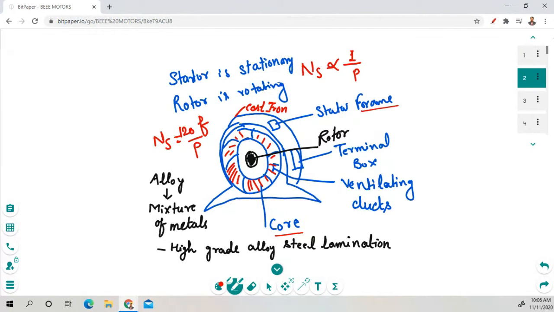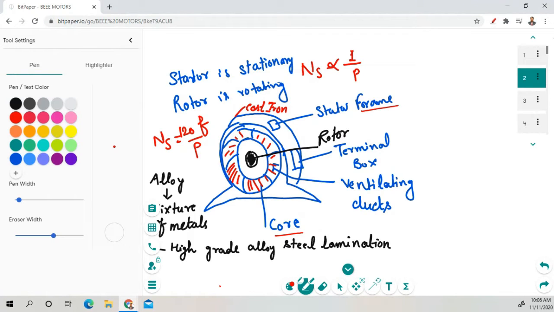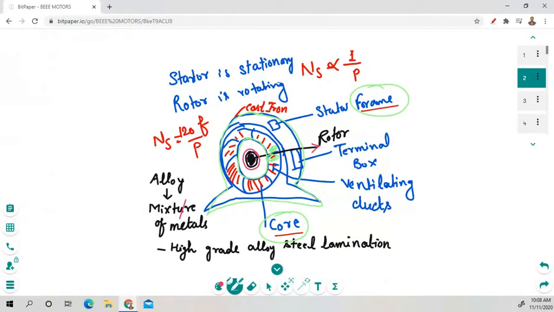So when you see this diagram, you can see that the stator is a stationary part because it is fixed, and the rotor is a rotating part, okay, and the speed of this rotor depends upon this expression.